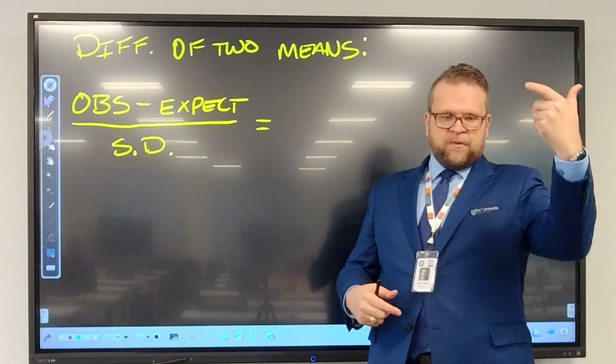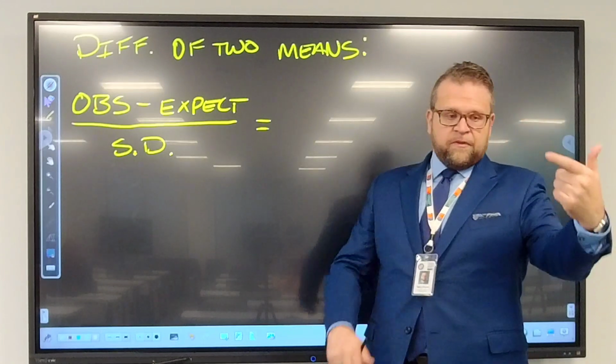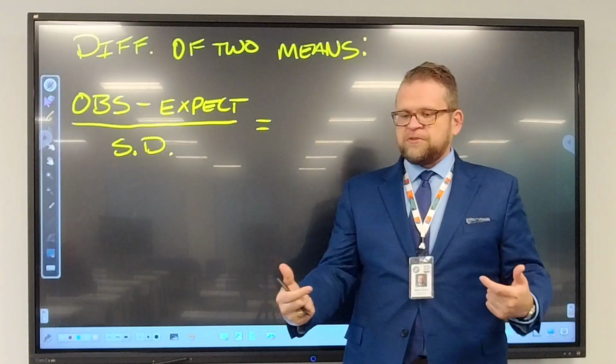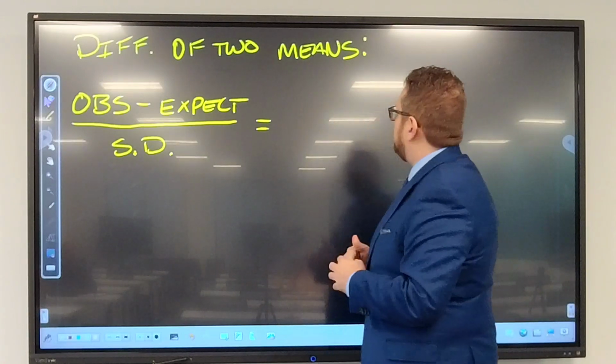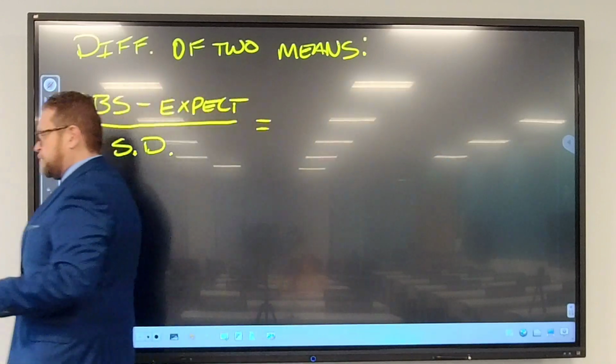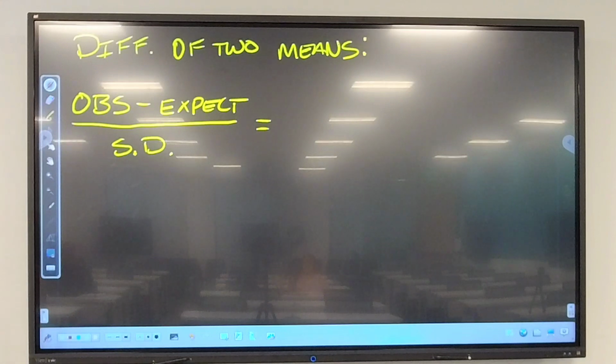So I have the average grades from last year, and here I have the average of the grades from this year, and I want to look at the difference of those 2 things. So I will say that the thing I observe is this. That's my observed value, the difference between the average grades in each of those 2 years.